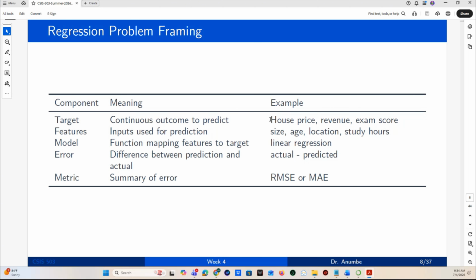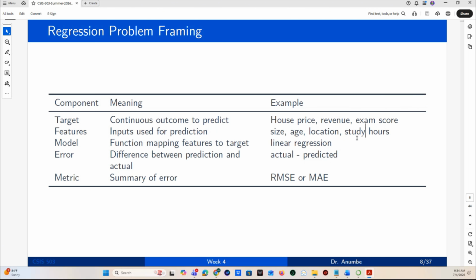An example could be that we're trying to predict the house price, your revenue, or your exam score. Now, if I want to predict your exam score, some features I might need are how many hours you study, how tenacious you are, how good you are at test taking, and what your IQ is, if that's relevant.